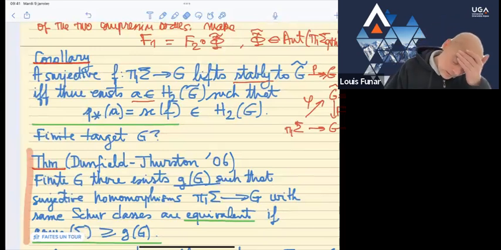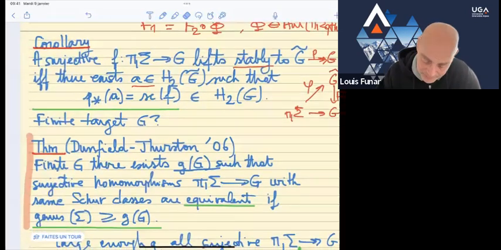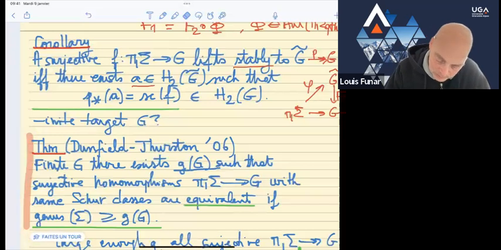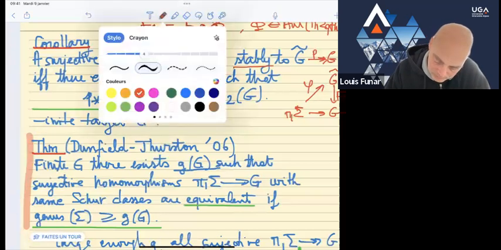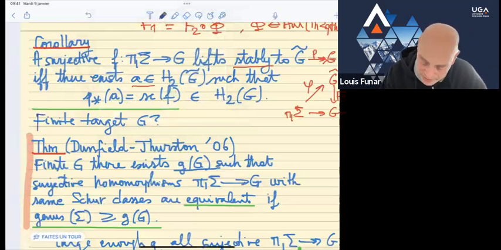Now there was some progress in 2006 by Nathan Dunfield and Bill Thurston, which takes care of the case when the target group G is a finite one.